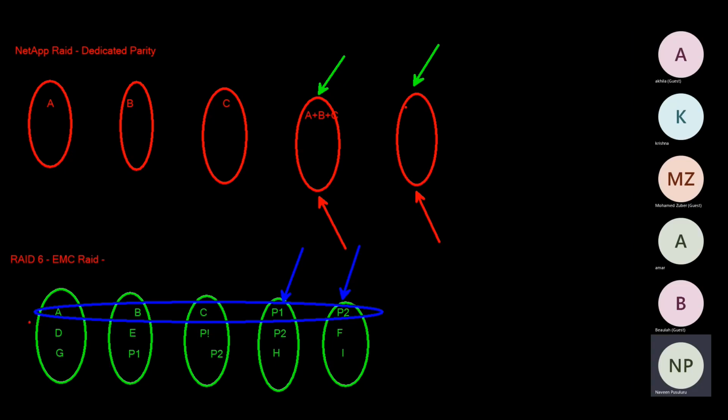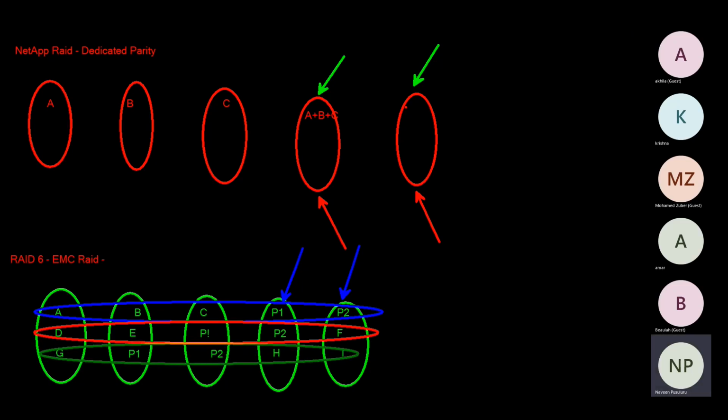Now, if you take a look at the second stripe, on which disks do we have parity? Disk 3 and disk 4. Now the third stripe, which disks contain the parity? Disk 2 and disk 3.